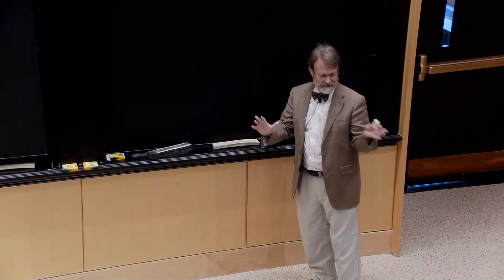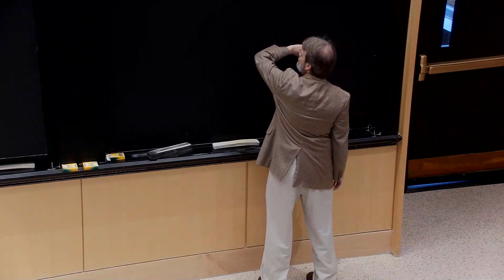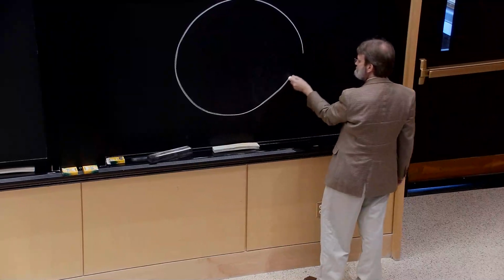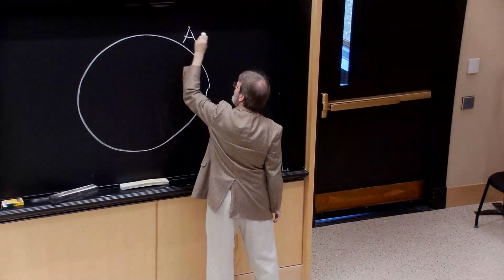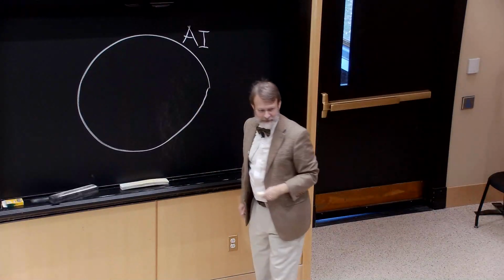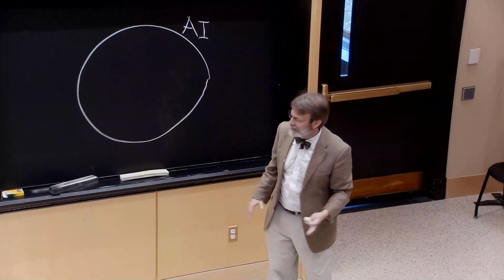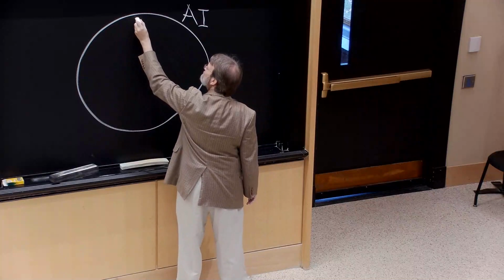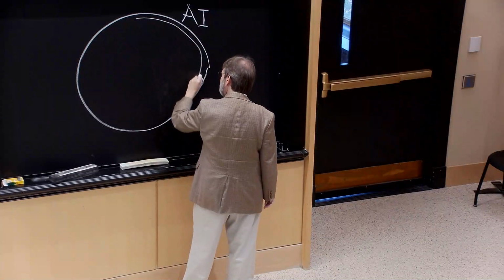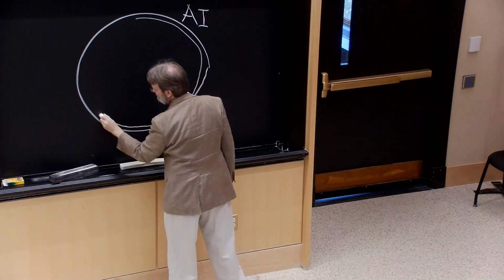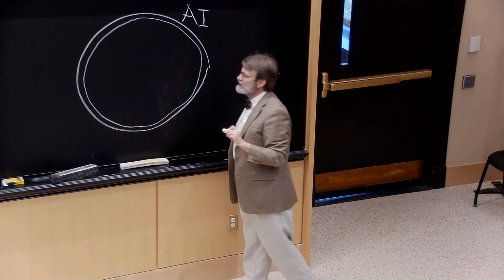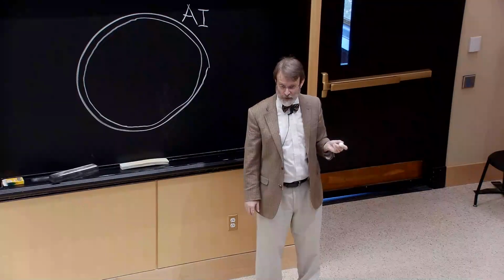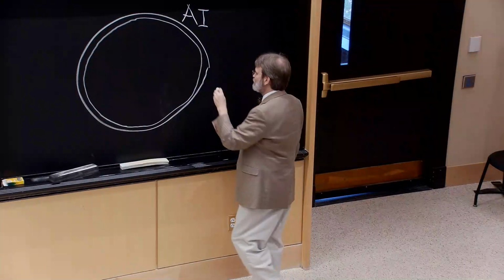So one way to think about this is, let's call this the Venn diagram of all of AI, right? And then, as much as my computer science colleagues would like to say AI is more than machine learning, this is machine learning.